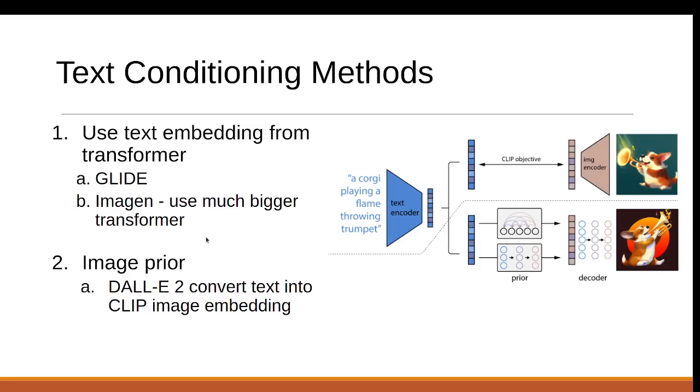If we learn from DALL-E 1, one of the things that resulted in massive improvement from GAN to DALL-E 1 is the use of a transformer. We know transformers are very good at learning about text.